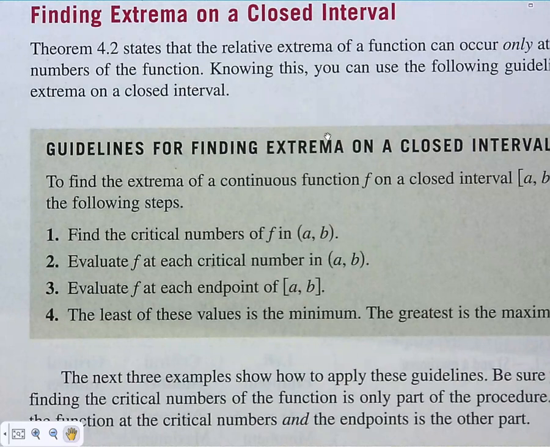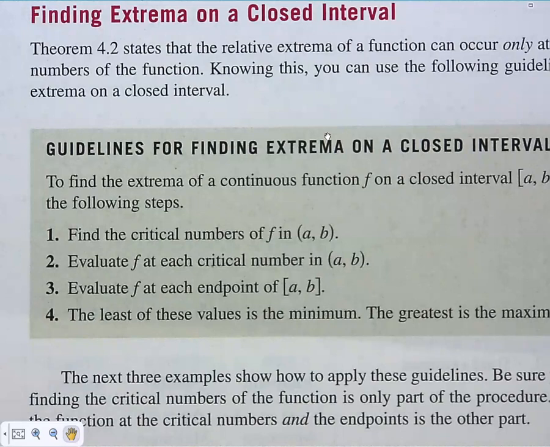So all this box is saying is to find the absolute extreme values on a closed interval, you need to find the critical numbers. You need to evaluate the critical numbers to find their function values, but also evaluate the function at its endpoints.